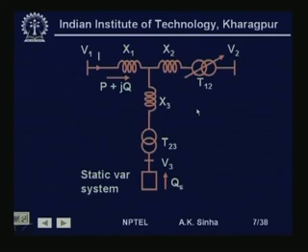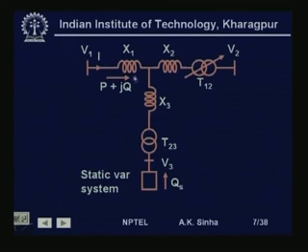The whole diagram in electrical circuit can be represented by this, where we have V1 the sending end, and the current I is flowing through this. X1 is the reactance of the transmission line, we have neglected the resistance.